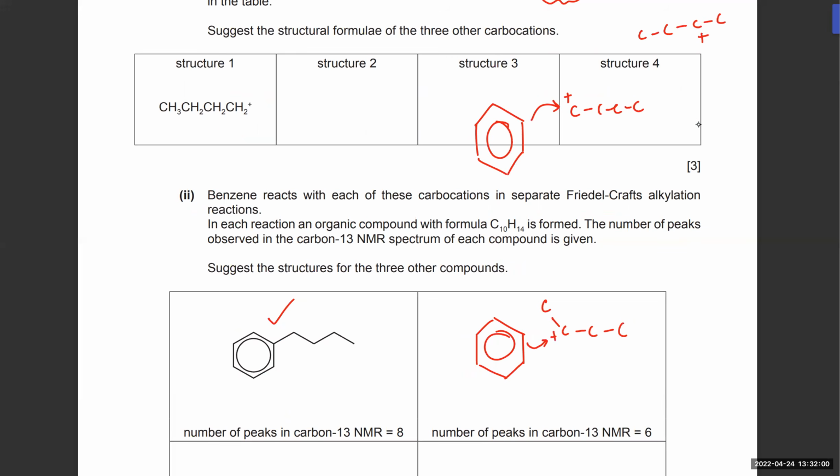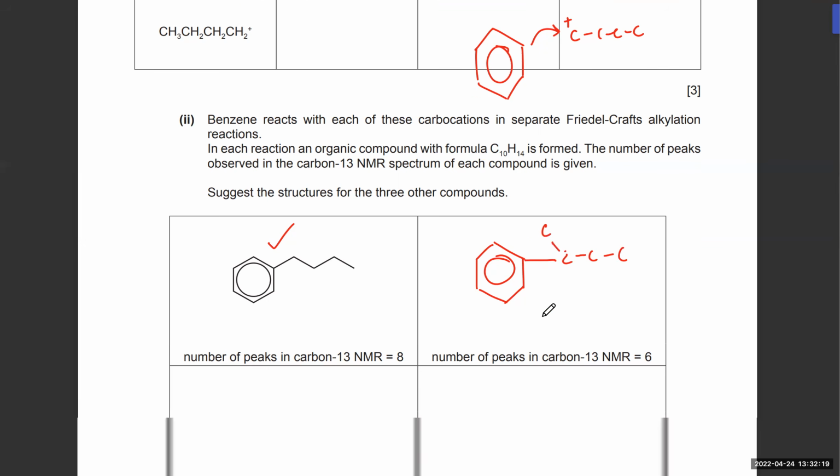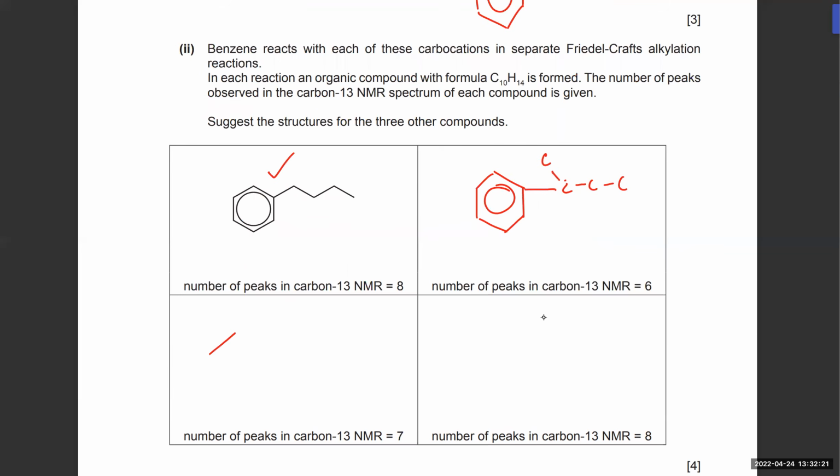So if it comes and gets attracted to this C4H9 plus, the benzene will bond with the carbon that's on the second one. Okay, so this would be different from this.